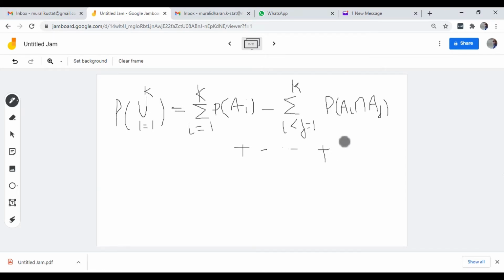Let us put the last term, which can be -1 or +1: -1 raised to k, probability of intersection of AI, i from 1 to k. So this is the final formula. Just remember it. We'll do a simple example to understand this.